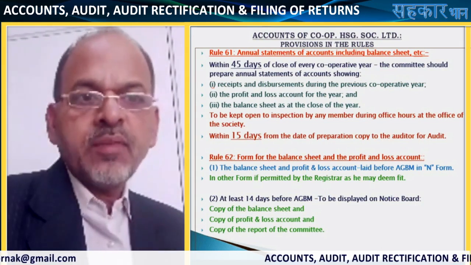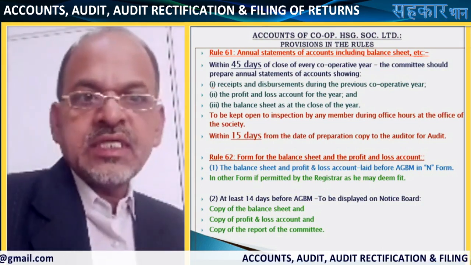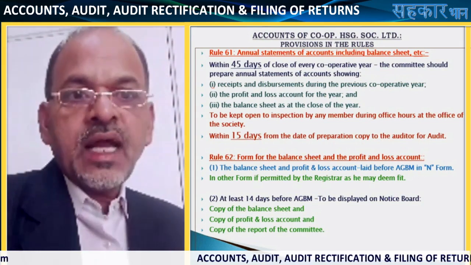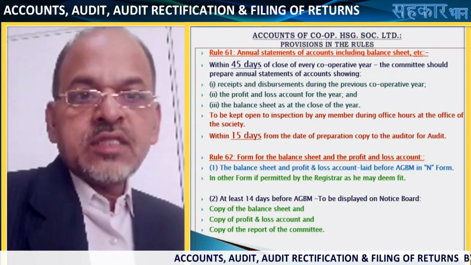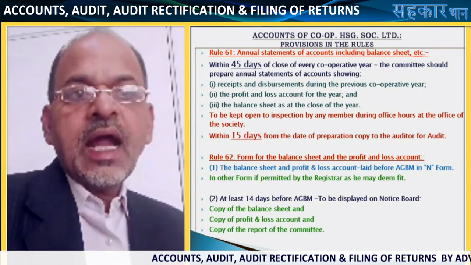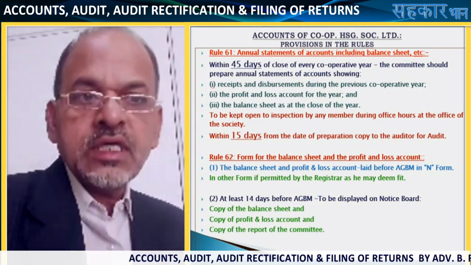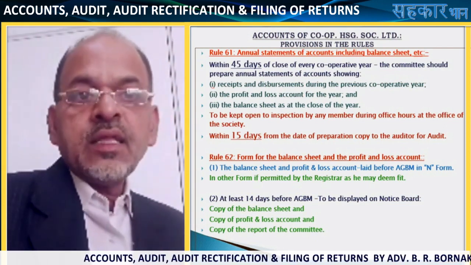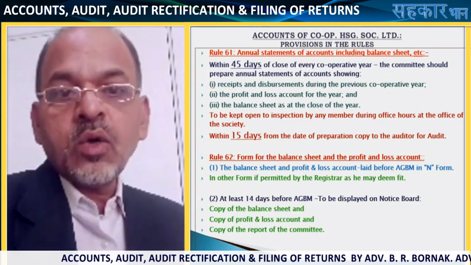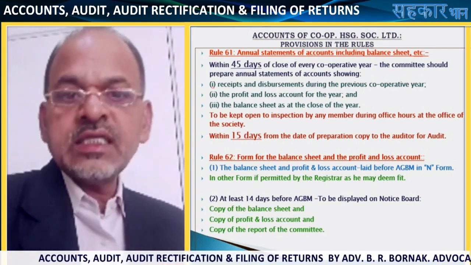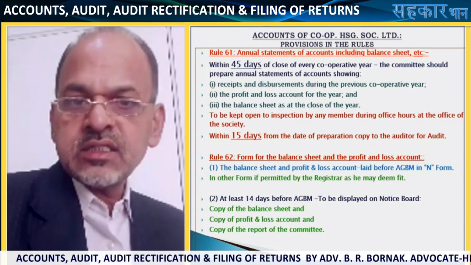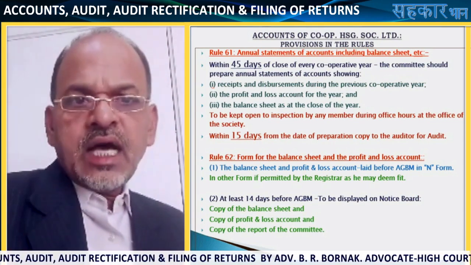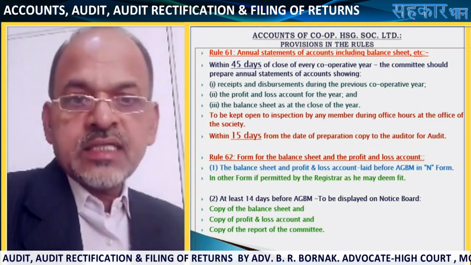Number 1, receipts and disbursements during the previous cooperative year, which started on 1st April of the earlier year and ended on 31st March.